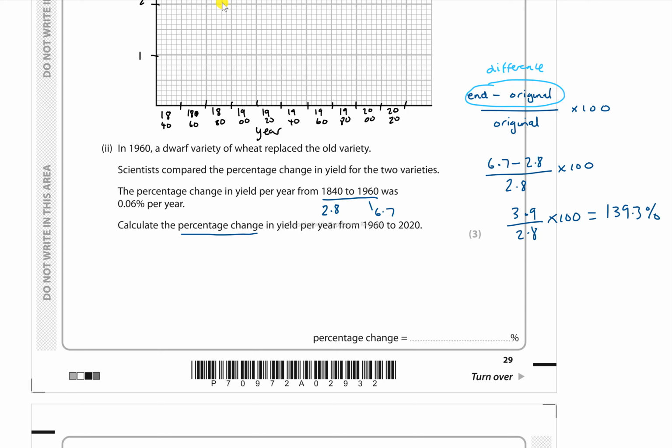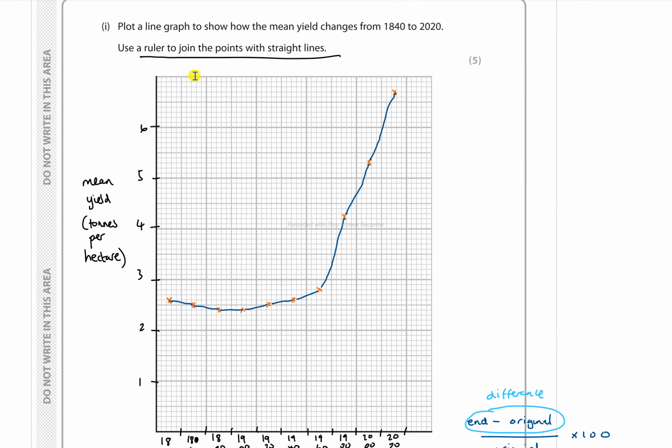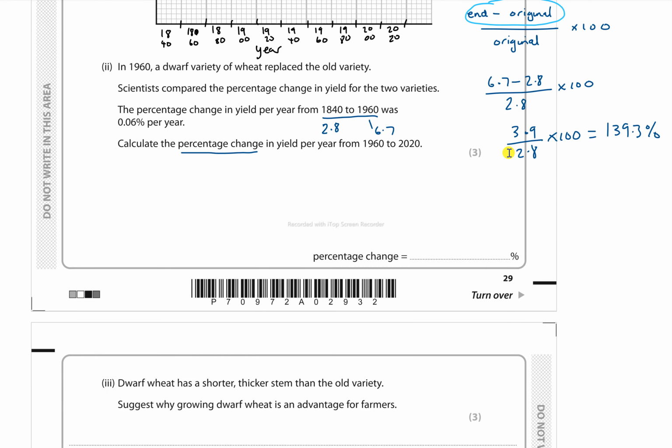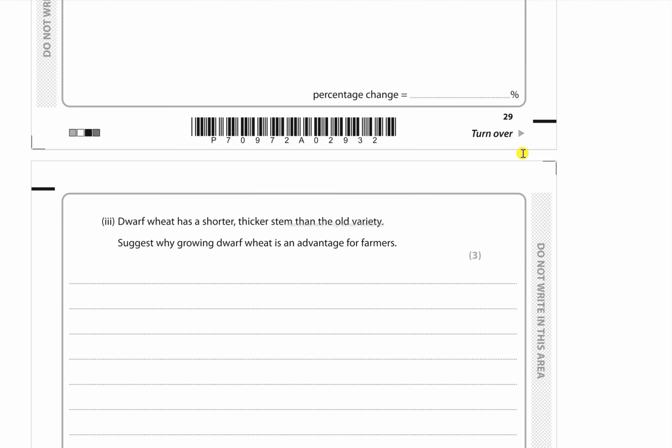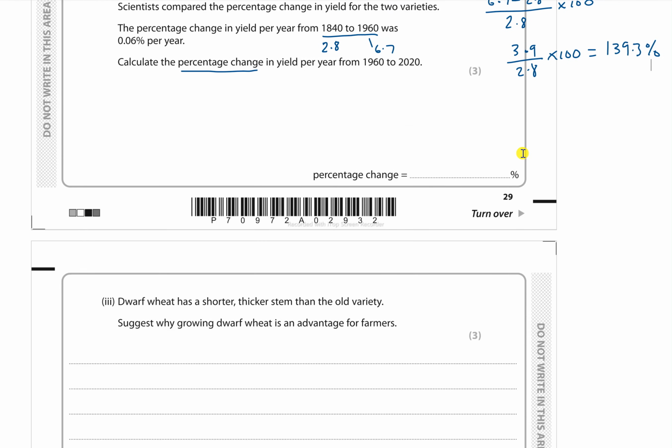Yeah, over the years. Okay, that's that done. Right, per year. So let's continue this on.